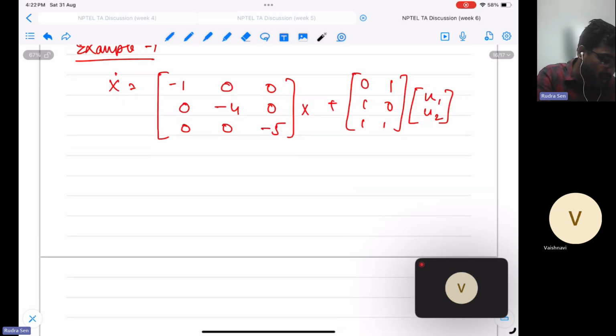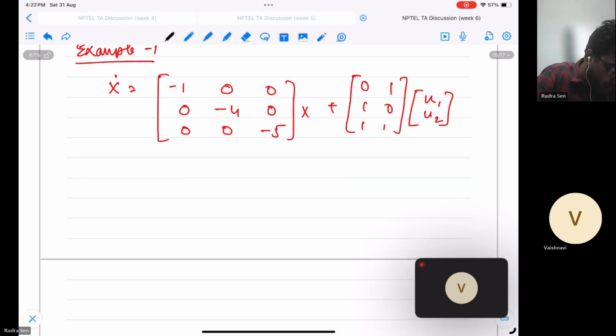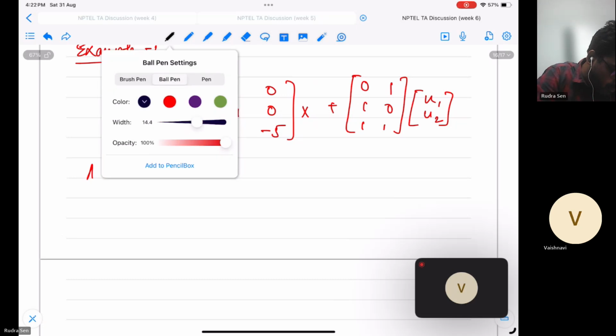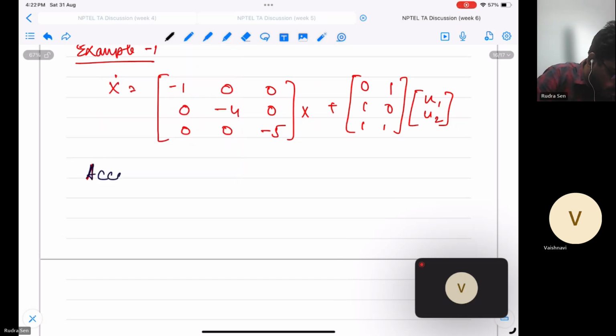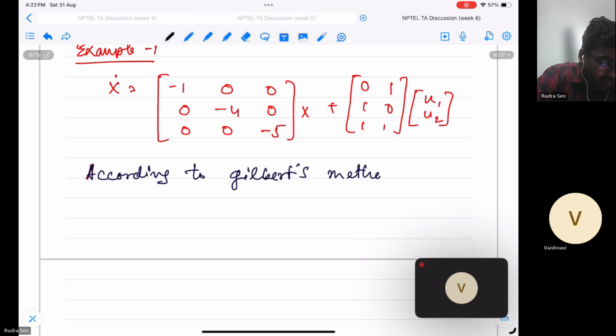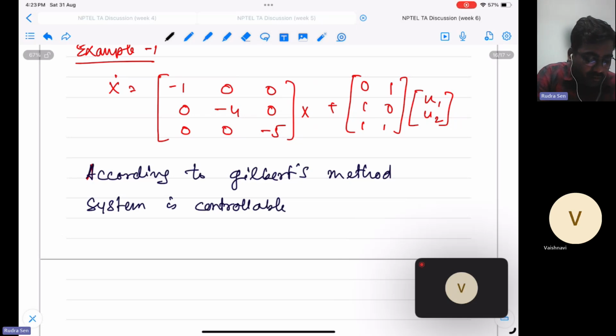So Gilbert says that the system is controllable, or rather, state controllable.